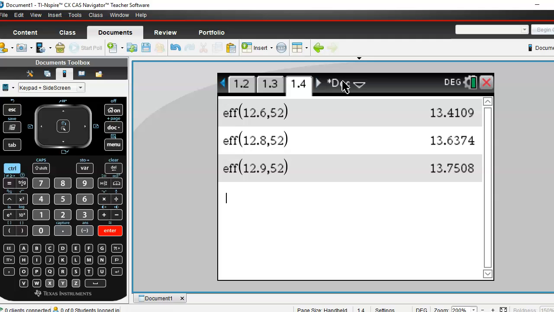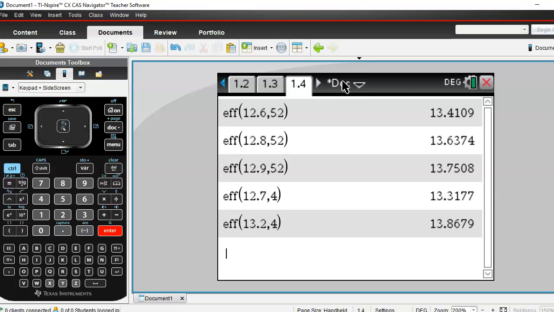Loan 4 is 12.7% per annum, compounding quarterly. So that's effectively 13.32% per annum. So loan 5 is 13.2% per annum, compounding quarterly.